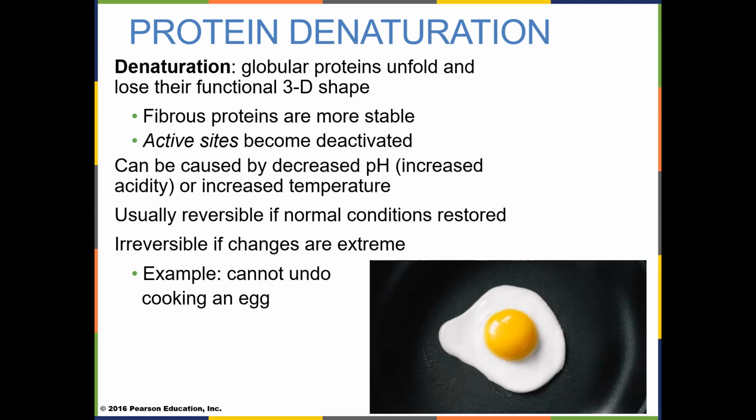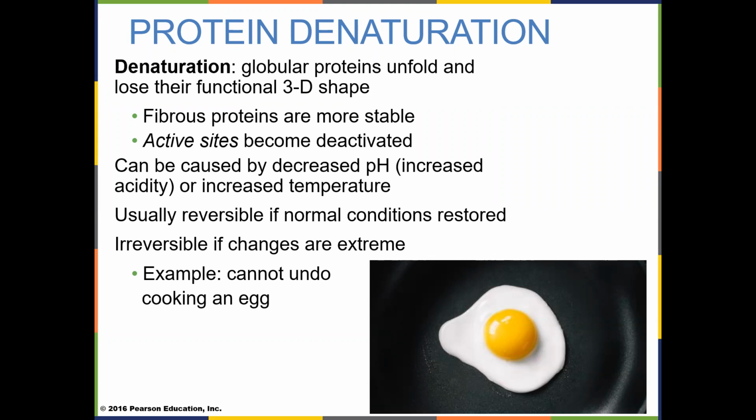And if an extreme change is irreversible, consider the egg here. The white of the egg is albumin, a very common protein. When you fry an egg, the white, the albumin, becomes denatured and turns white. You know, the yolk stays yellow.